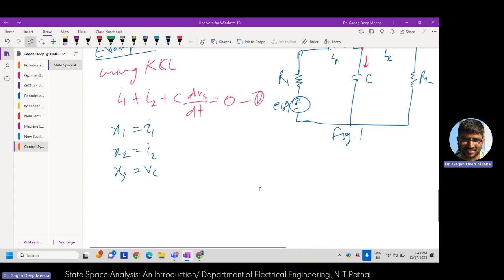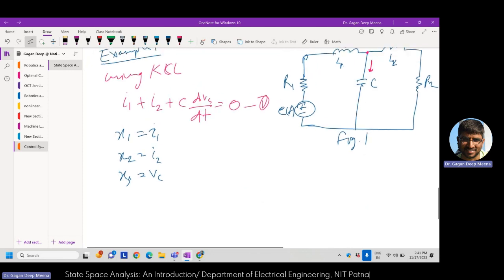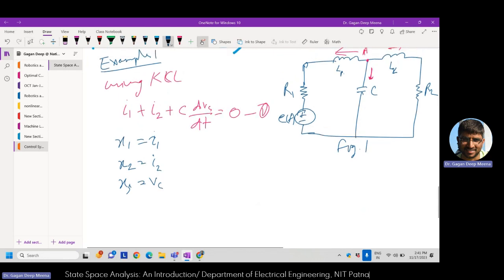If I want to write equation 1 again in the form of state variables, I can write it as x1 plus x2 plus C x3 dot equals 0. Here x3 dot is nothing but dVc by dt.